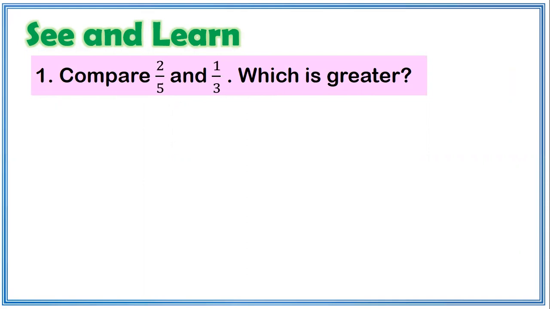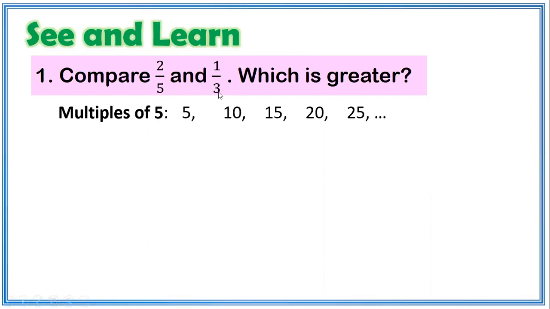So for number 1, let us compare 2 out of 5 and 1 out of 3. So between the two fractions, which is greater? As you can see, their denominators are different. So we need to get first the first common multiple of the given denominators.